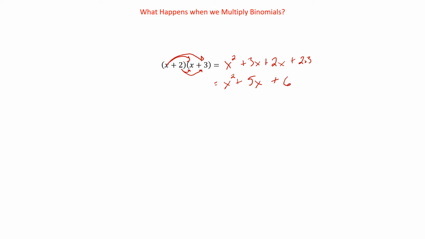So what actually happened here? What happened is this last number is 2 times 3. We're going to take these two numbers and we multiply to get the constant. And then this middle number, this was 3x plus 2x.